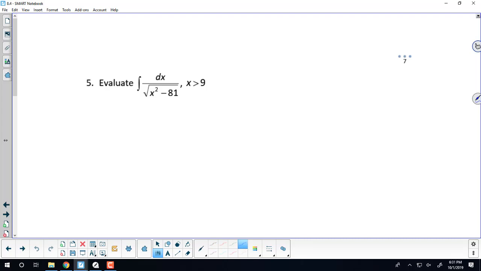You should have the answer come out to be the natural log, if you're working these, of course, x over 9 plus the square root of x squared minus 81, all over 9.